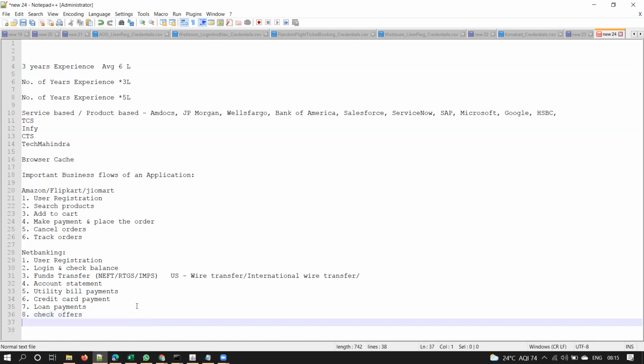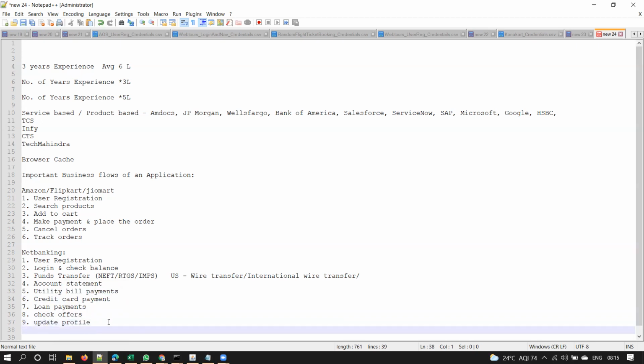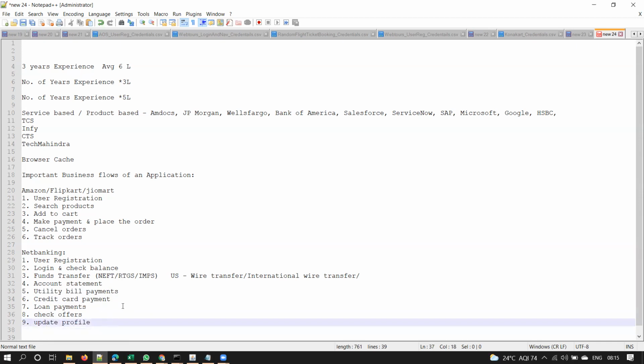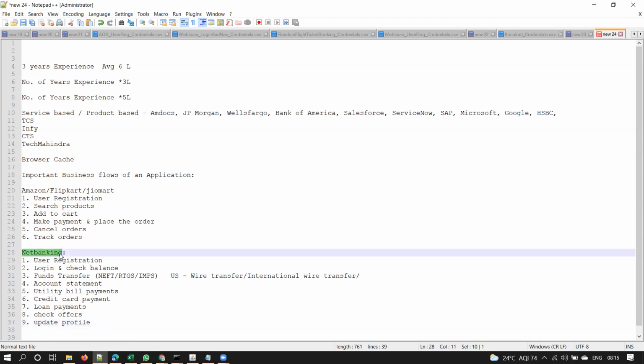Next. Credit card bill payment, we already covered it. And once in a while, we may update profile, like our mobile number or email ID or address and all. Update profile. So these are the critical business flows of a net banking application.